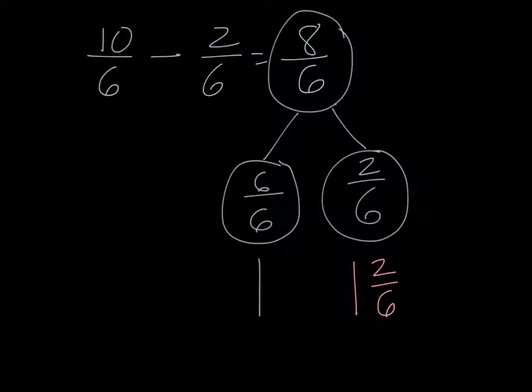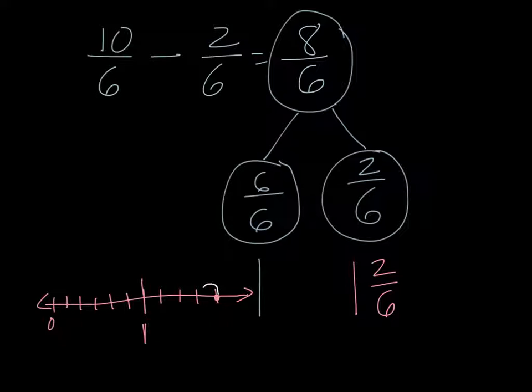If we wanted to see that on a number line, we could draw a number line, and I'm going to start with 0, 1 6, 2 6, 3 6, 4 6, 5 6. So 6/6, that's our one whole. 7/6, 8/6, 9/6. 10/6 is where we started, and I'm subtracting 2.